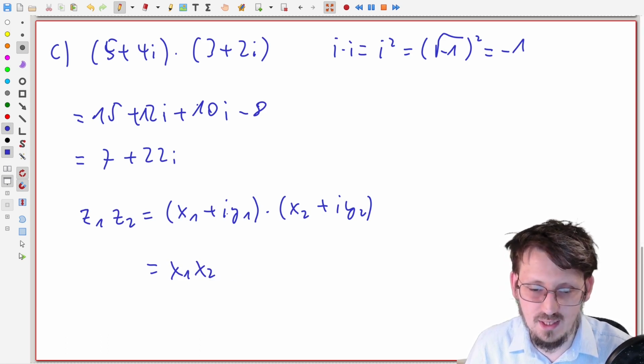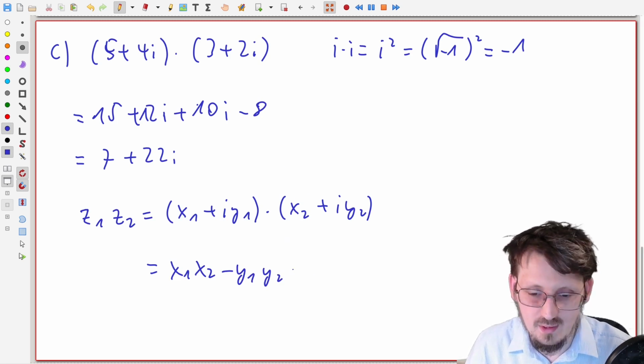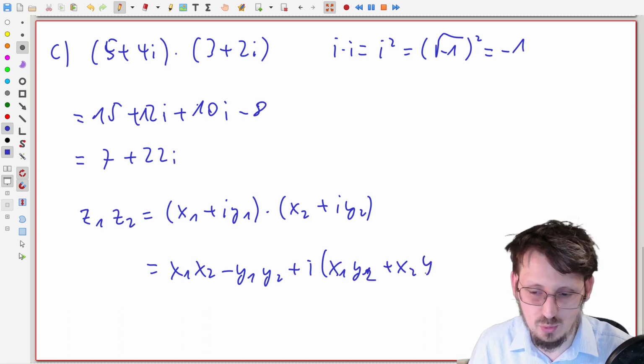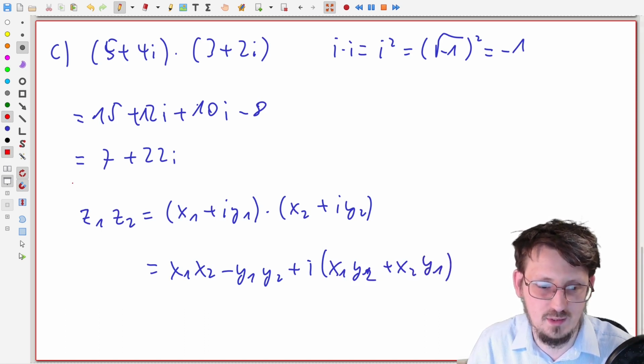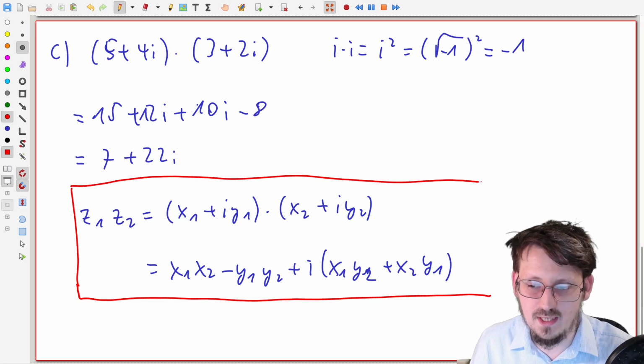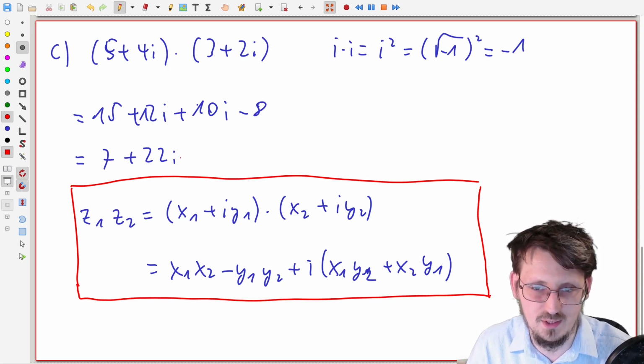Then we have to calculate i y1 times i y2, which gives a minus y1 y2, similar to what I have explained here. And then these two parts with this imaginary unit remain, which we can again factorize. So we can write i times x1 y2 plus x2 y1. Now when you do this calculation, you find out that this is actually the only way how to write it down. And again, now we get a formula which you can use for the multiplication of two complex numbers, but again, I would not use that. I would directly apply this math, which is much easier.